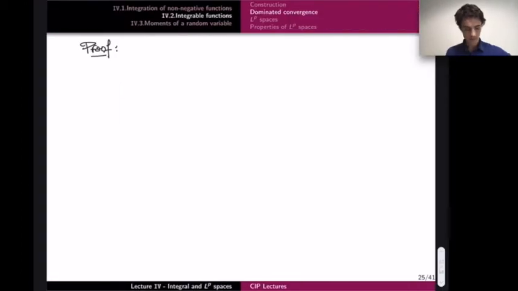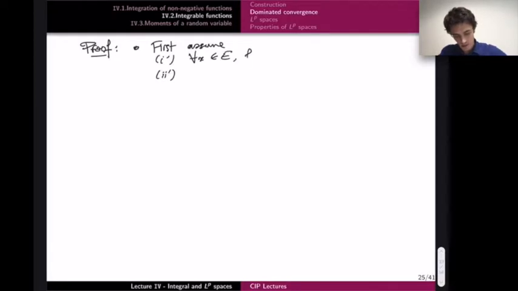So first, assume these two sets of assumptions, 1' and 2', which say that for any x in E, fn of x converges to f of x. So this is pointwise convergence instead of μ-almost everywhere convergence. And assume that for any x in E, the absolute value of fn of x is smaller than g of x.